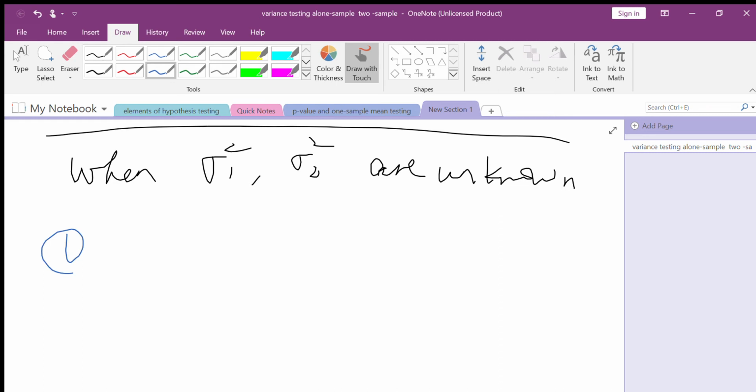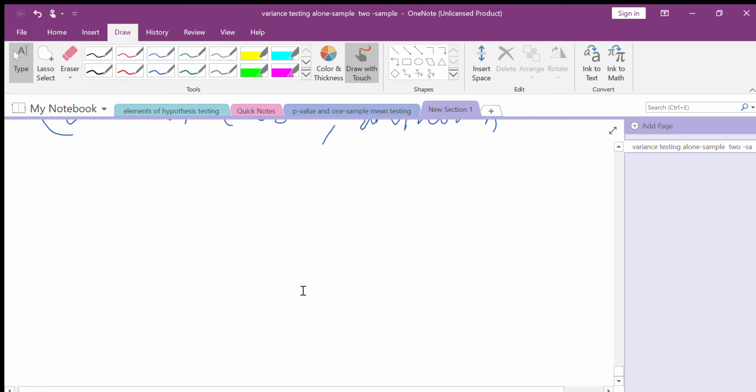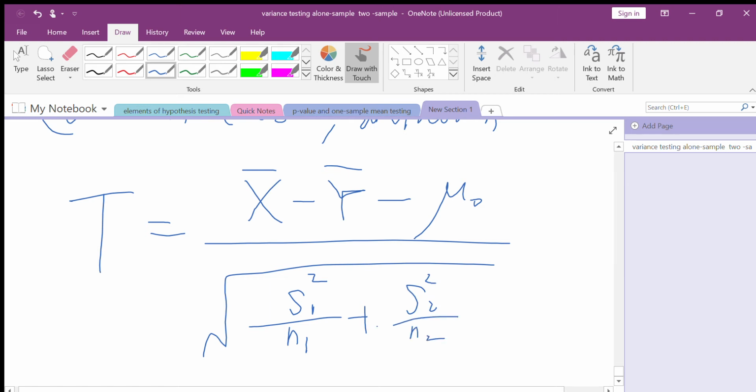Case 1: sigma1 squared not equal to sigma2 squared, both unknown. What is the test statistic to perform such hypothesis testing? We use the T test statistic, defined as follows: capital X bar minus capital Y bar minus mu0 divided by the square root of the sample variance of the first sample divided by n1 plus the sample variance of the second sample divided by n2.